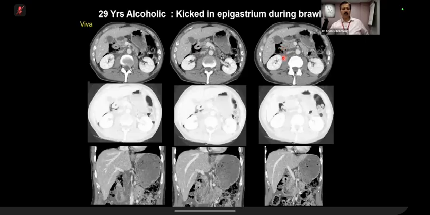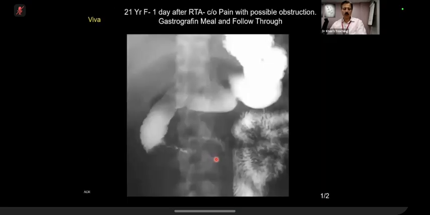So this is a duodenal perforation. Now, the idea was that the patient might have some other finding and will present as a case of trauma, but you should keep your minds open to look for more and more findings. So duodenal perforation was there.